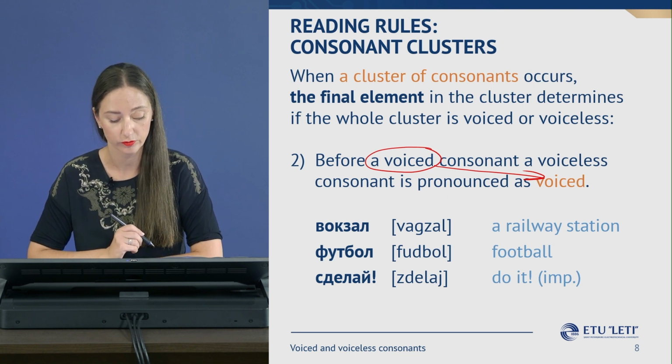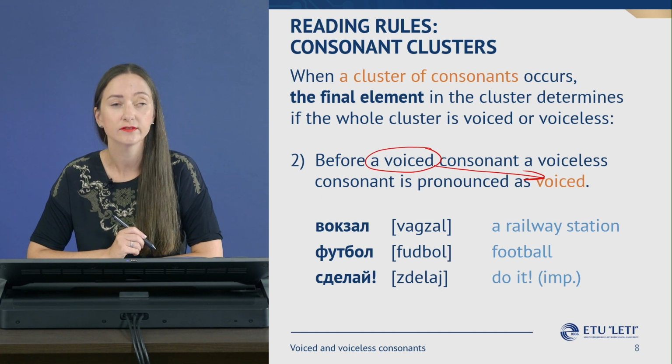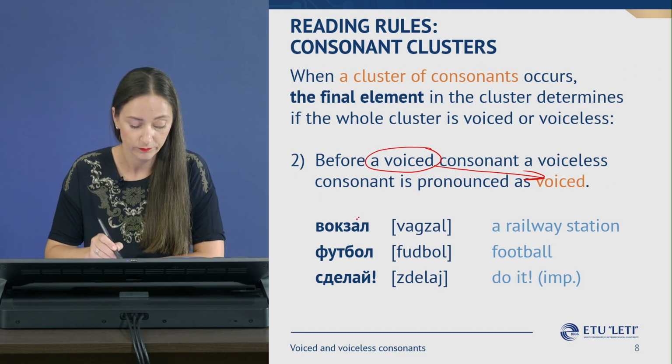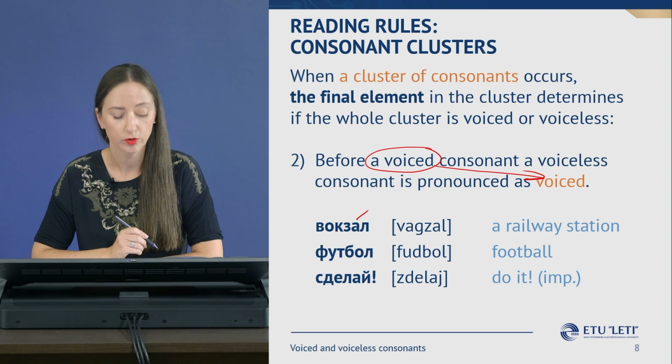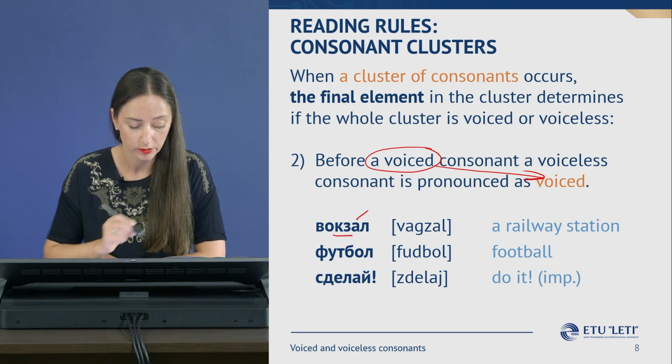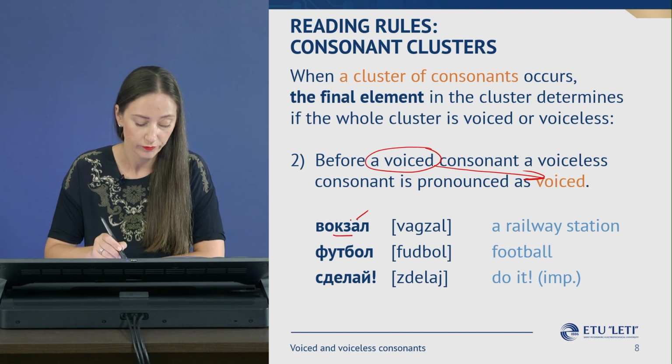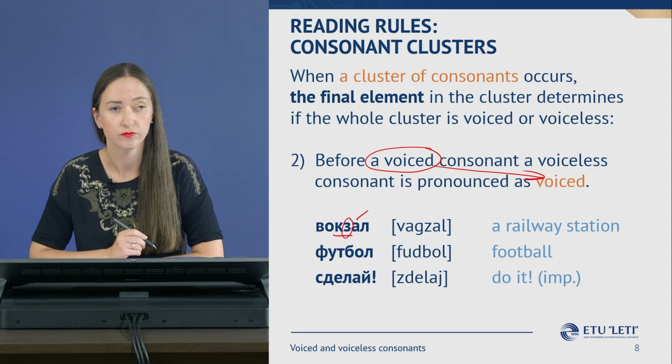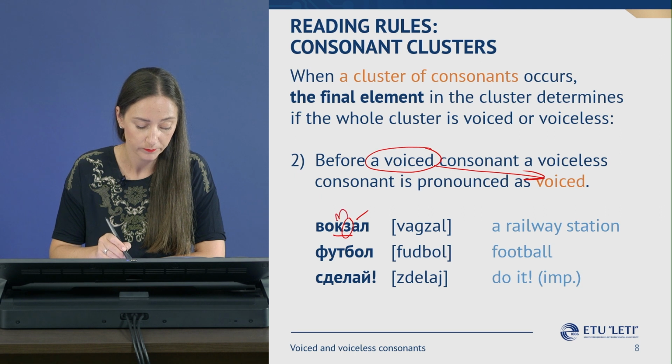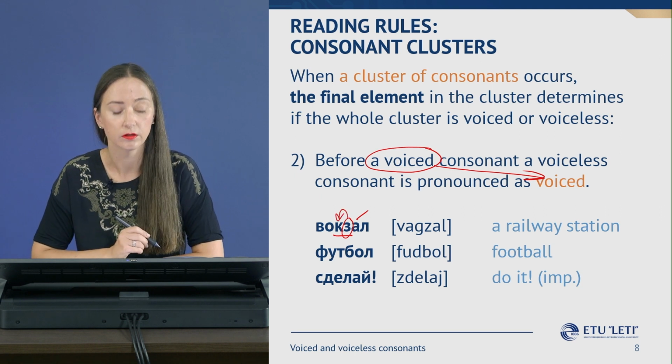Let's study the examples. The first one is вокзал. Where is our cluster? Right here. K, Z. Your final element is voiced, Z. So instead of K, we say G. Вокзал.